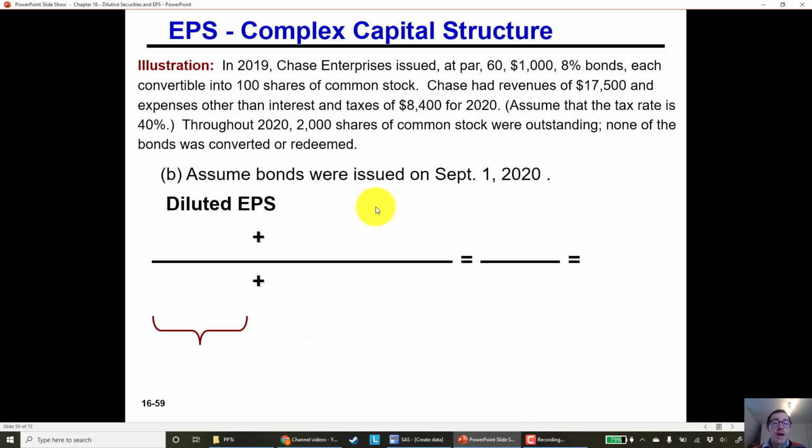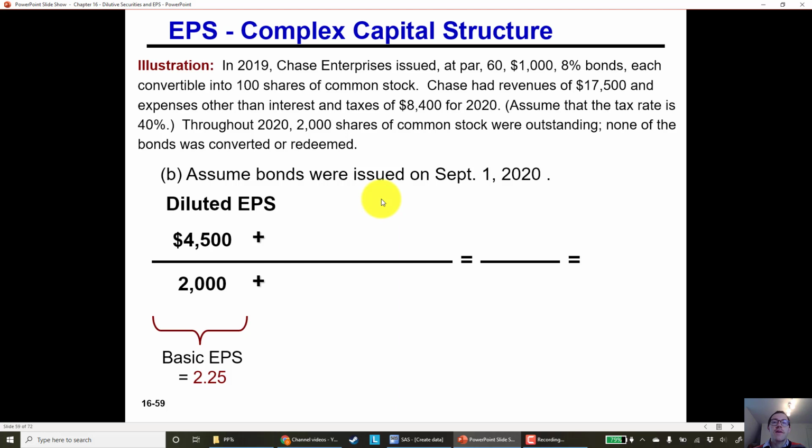Okay, so with that in mind, diluted EPS: 4,500 divided by the same 2,000. That's basic EPS. And then now, if they had exercised their option to convert, we are going to assume they exercise it on the first day they could, which would be September 1st.